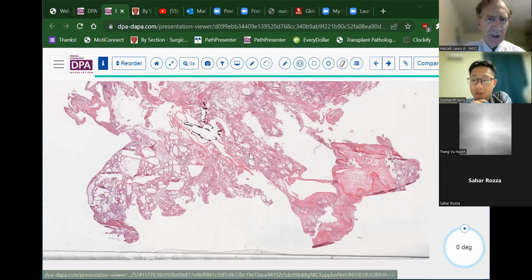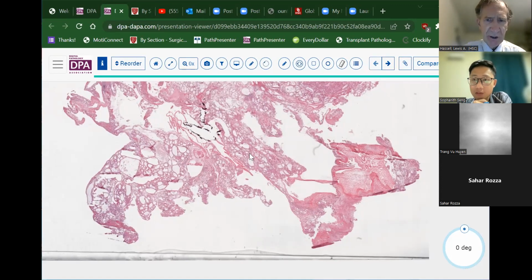At low magnification, this is where we get a lot of our information, because we know that with frozen section, there's going to be a lot of artifact that will change the cytology and so forth. And what we see here is a variety of open spaces of variable sizes.